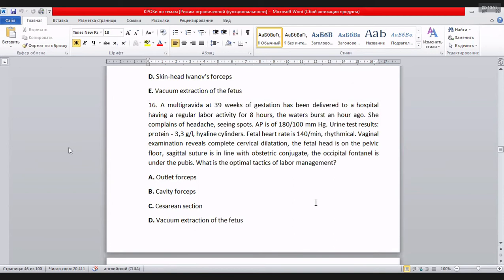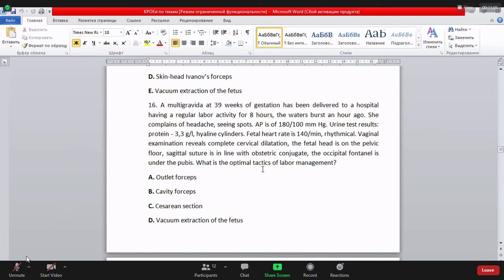What do we have here, what condition, guys, who can set the diagnosis? Preeclampsia. Guys, yes, we have preeclampsia, 180 to 80, and we have protein in urine, so it is moderate preeclampsia, but I told you, if the woman has headache and disorders of vision, it can finish with eclampsia.